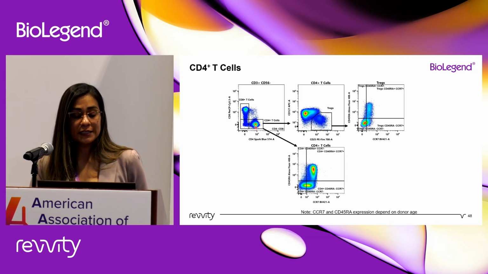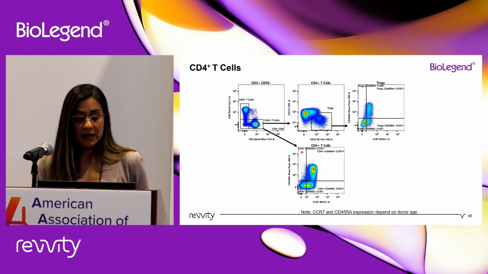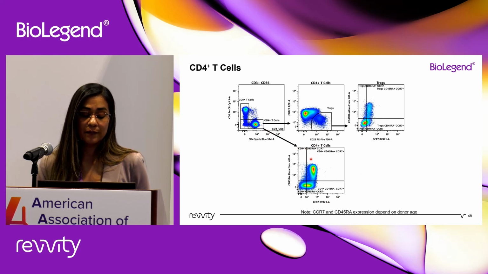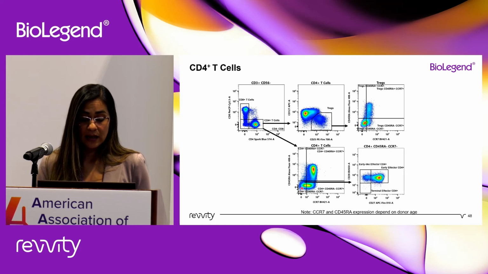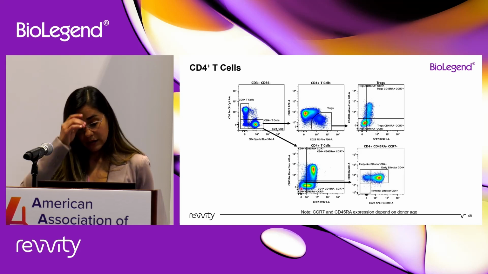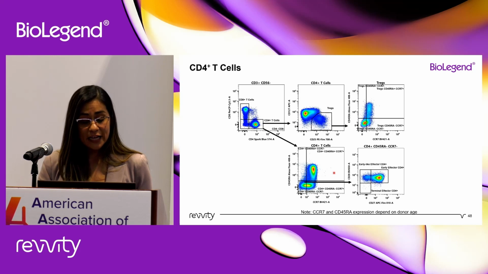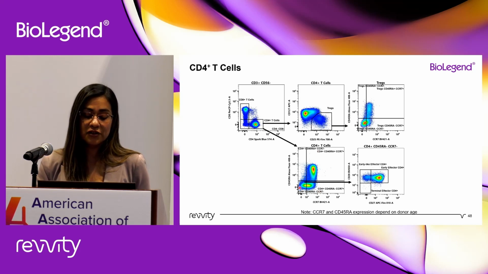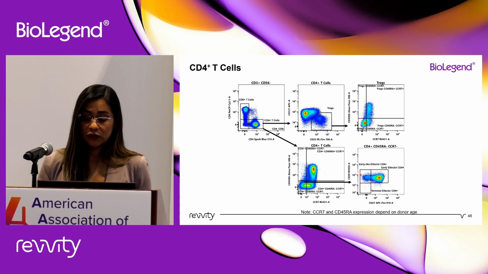Similarly, for the CD4, we can do the same gating to identify the naive, effector, and central memory cells. And from the effector, if we do the analysis of CD27 and CD28, we are going to identify the terminal effector, the early-like effector, and the early-like effector CD4 cells.